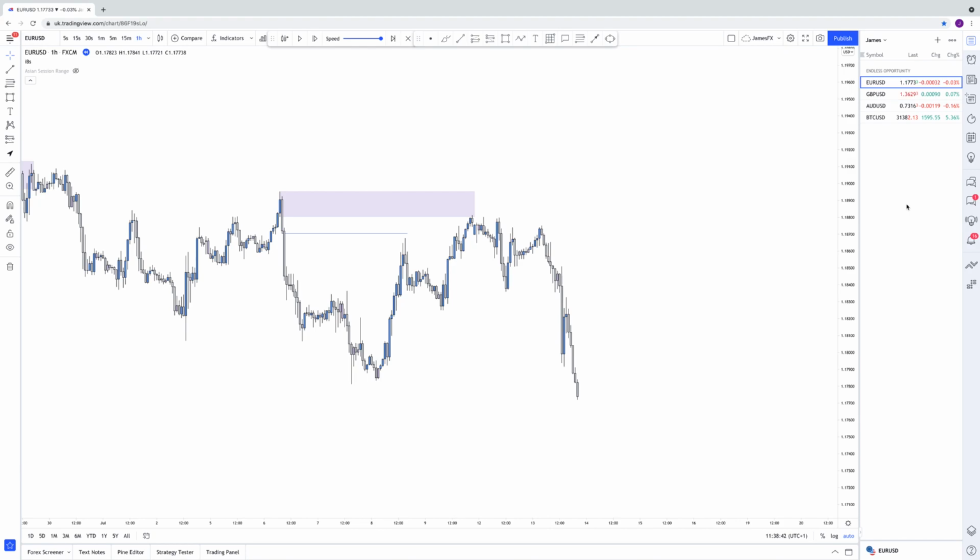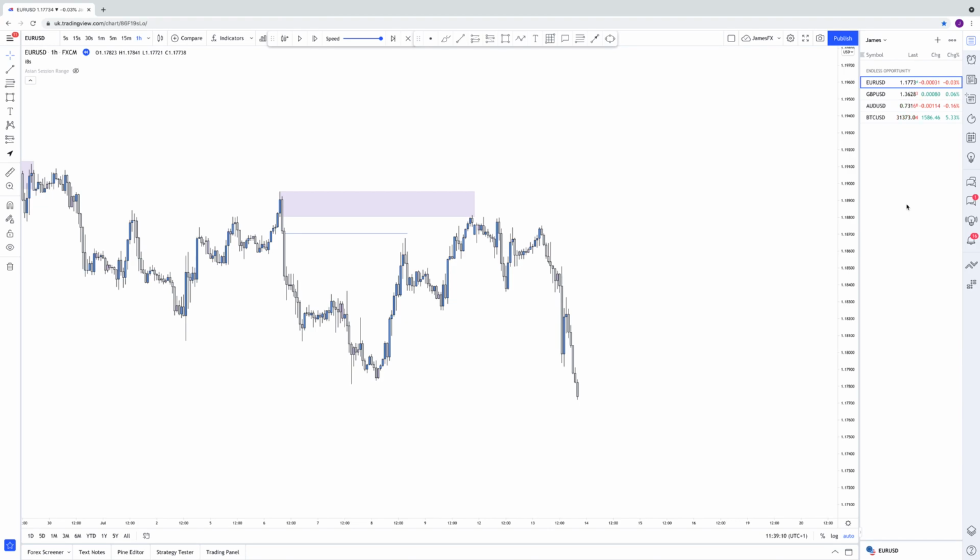There's a deeper concept to it, and we know this, but I'm going to do this video showcasing a very clear example of the difference between retail, different communities where they're looking at certain trades, and us being traders of smart money, understanding what price is doing and why it's doing it.